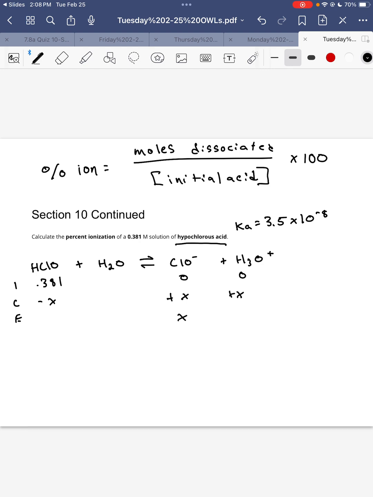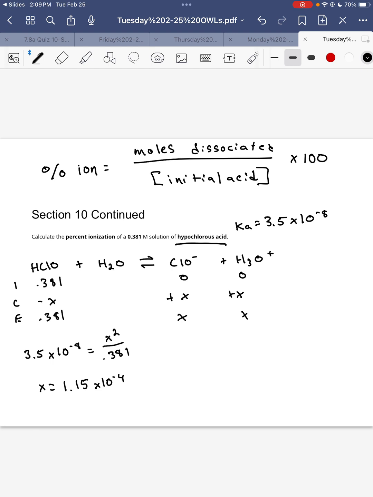So we know that this will be x, x, and 0.381. This time, since I don't know x, I'm just going to call it 0.381. Since I have a Ka value, I know that 3.5 times 10 to the negative eighth is equal to x squared over 0.381. So I know that x is equal to 1.15 times 10 to the negative fourth.